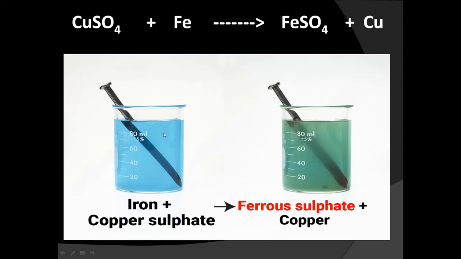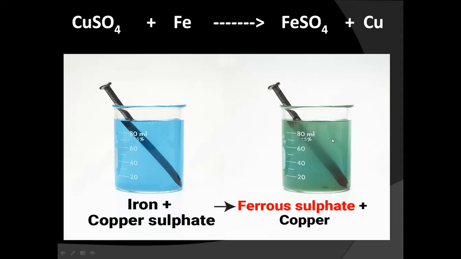In this beaker we have taken copper sulfate solution and we have dipped an iron nail in it. Please identify the color here. The color of copper sulfate is blue and we have dipped an iron nail in this. So iron reacts with copper sulfate, and after a few hours you can see that the iron nail is coated with a brown layer and the color of the solution is turning greenish.